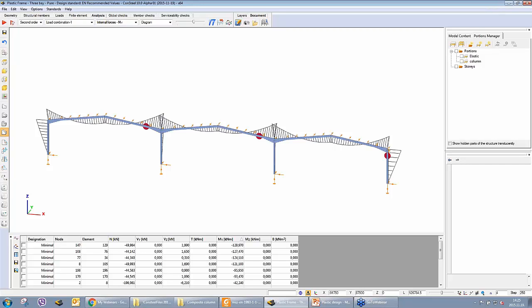So in plane these very slender structures can have a very low critical load level for in-plane swaying buckling mode, and that causes a very important second order effect in our structure.